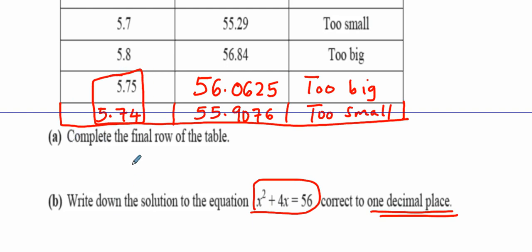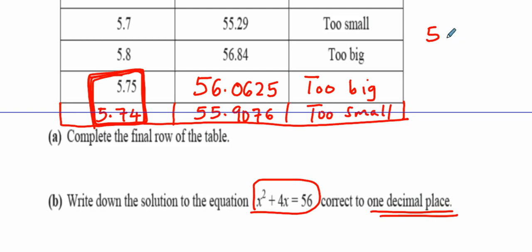Okay. Now, the idea is we are getting some contradiction here. This is 5.75 and this is 5.74. This is where we figure out the answers. Which value of x will it be equal to? So here we should be very careful.